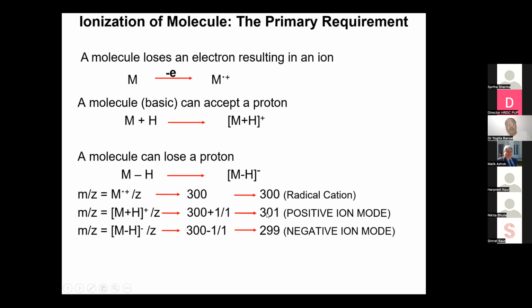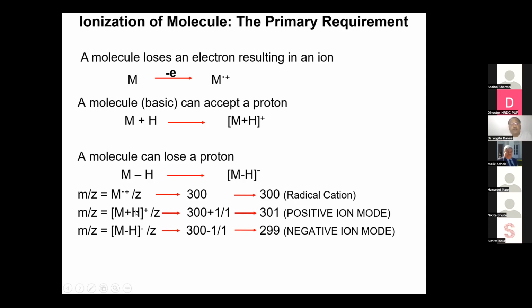Depending upon what mode we are using for ionization, whether a radical cation mode, a positive ion mode, or a negative ion mode, accordingly we determine the molecular mass. If we are working with a radical cation and we get the molecular ion peak at 300, it means the molecular mass is 300. In positive ion mode, if we get a molecular ion peak at 301, then we subtract 1 from this.